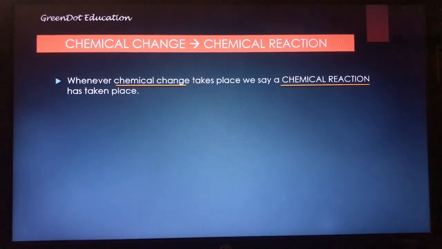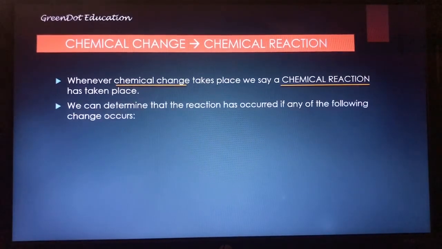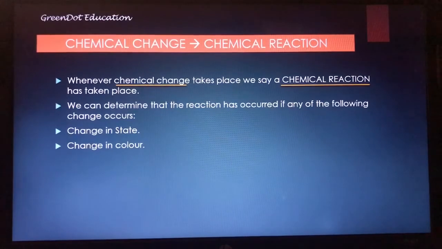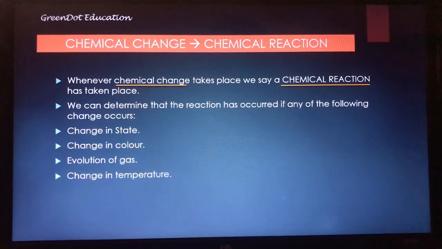That is, a chemical change in a substance is termed a chemical reaction. So we can determine if a reaction has occurred or not by observing the following changes. That is, if there is a change in the state, if there is a change in the color, if there is an evolution of a gas, and if there is a change in the temperature.